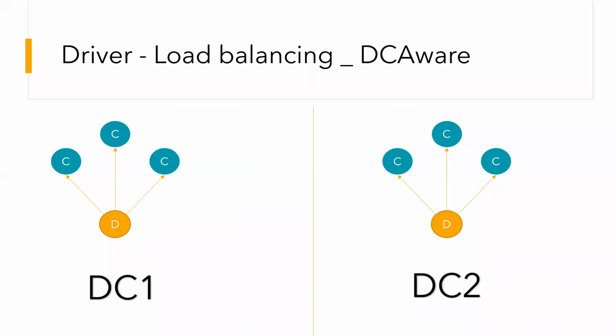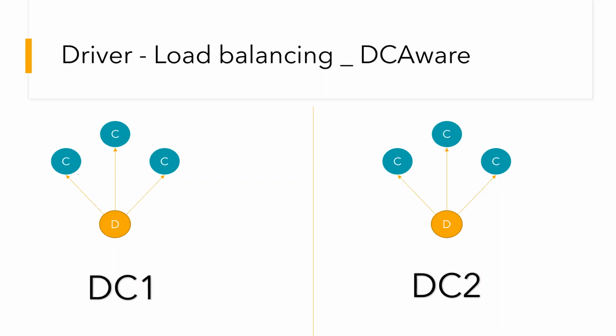I think I can skip these concepts. This is a driver which serves your purpose. With drivers, you will have a JDBC driver or whatever driver connects you to the Cassandra cluster, and it has certain policies to load balance your requests.